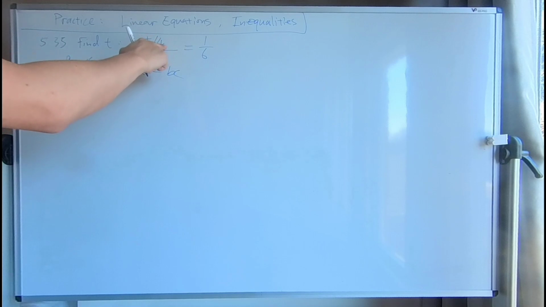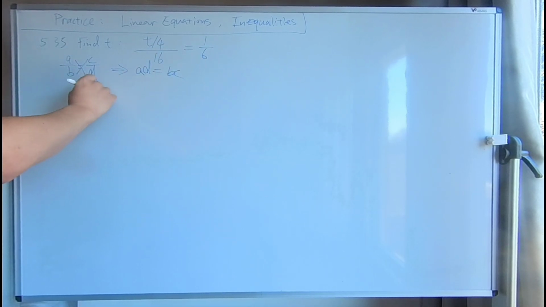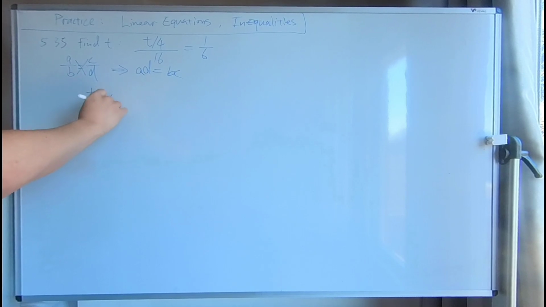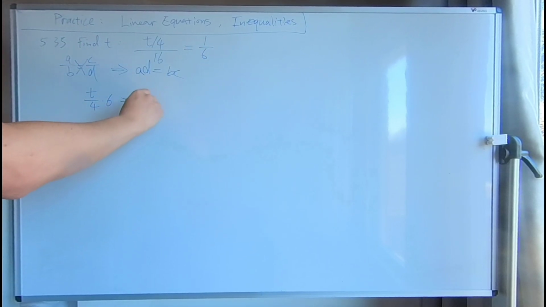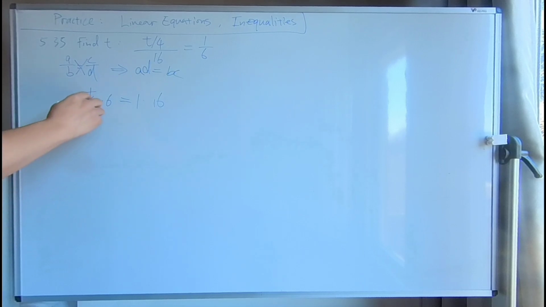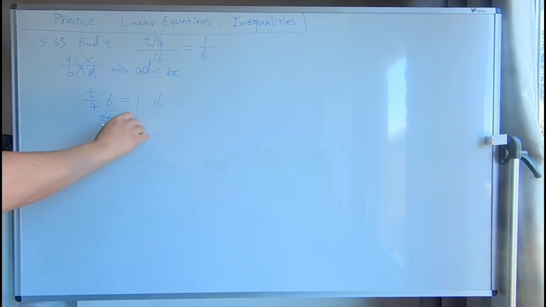Applying this to our question, it means t over 4 multiplied by 6 equals 1 times 16. Simplifying a little, I have 3t over 2 is 16.